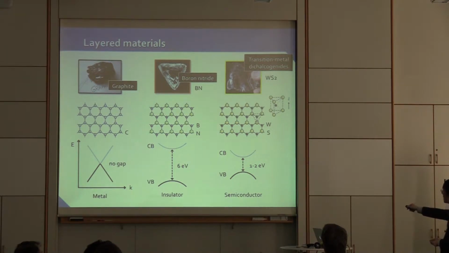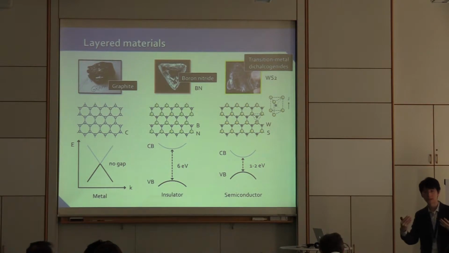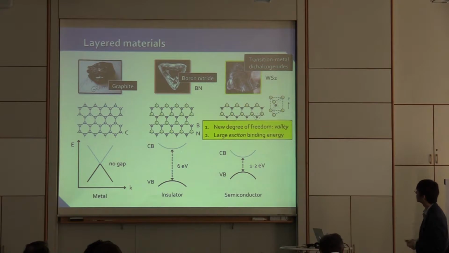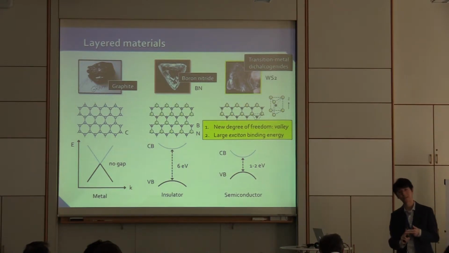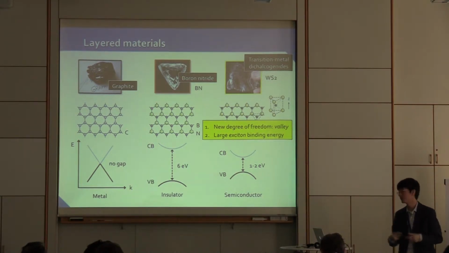Unlike the other two, which are one layer thin, this material is 3 atomic layers. We call it a monolayer because it is one unit cell. This material is very interesting because it has two uncommon properties. First, it has a new degree of freedom that we call the valley, which is also possessed in graphene.